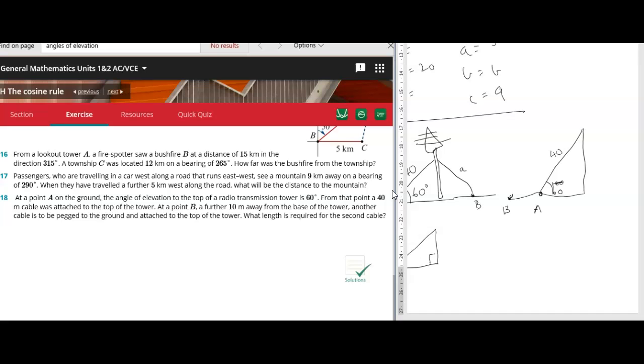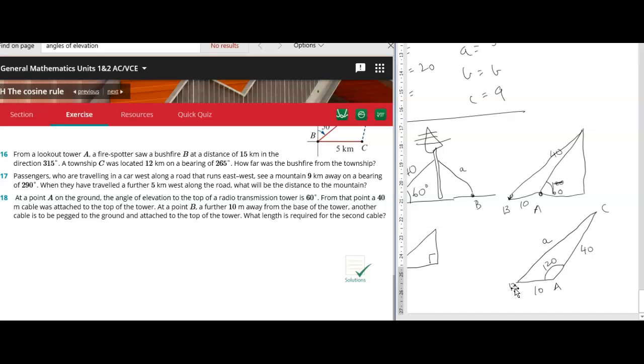Okay, so that makes that 10, and that's the length you want. So the triangle you're looking at goes like that. That makes sense now, because they've used this angle here at A is 120, and this is B, and this is C, this is 40, and we want to know the length of this cable, so A.